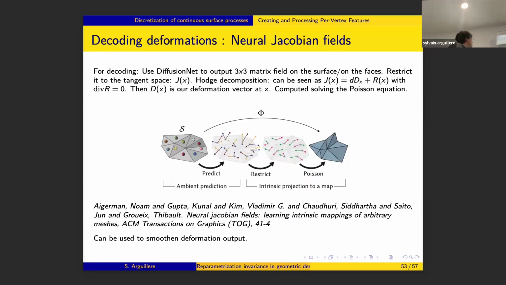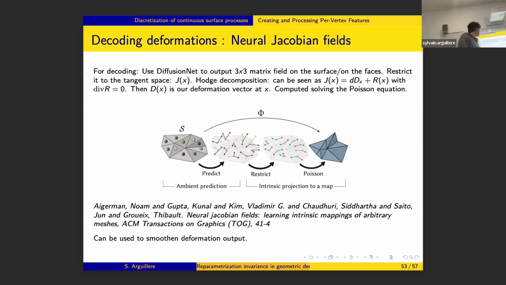But another way to decode deformation is what is called neural Jacobian fields, which I think is pretty fun. Basically, once you have all of your features processed, the last layer will give you features on each face instead of each vertex, of size 3 by 3.